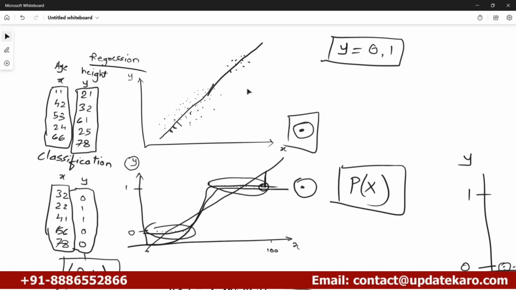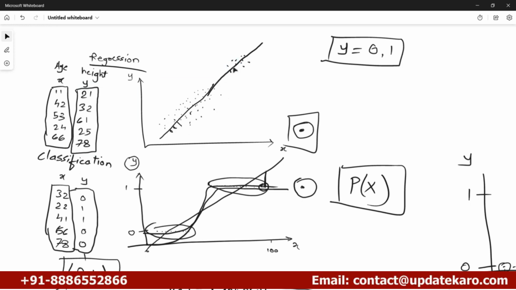I'm talking about y data, which means our main target column that we want the model to predict. If our y data is continuous, we'll have to go with the regression algorithms.